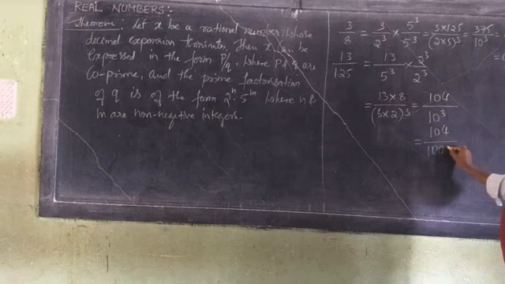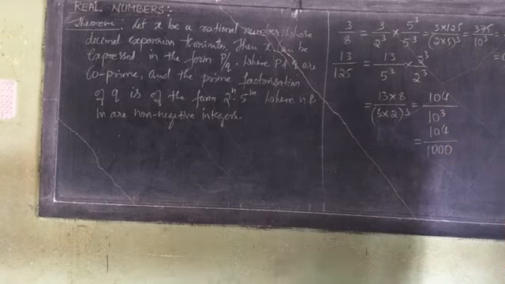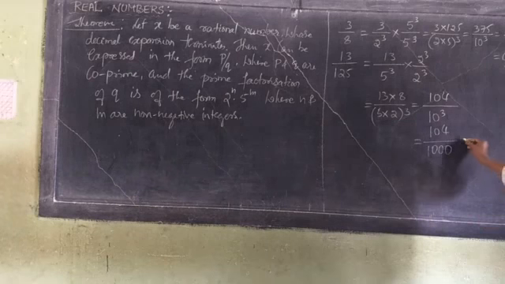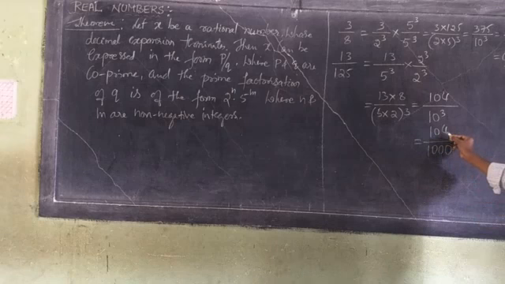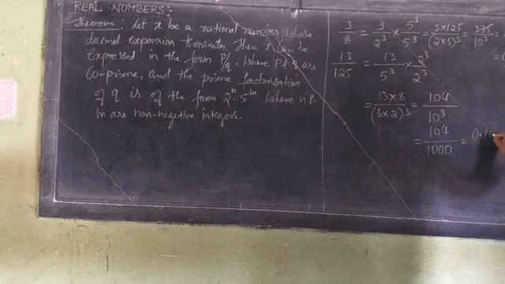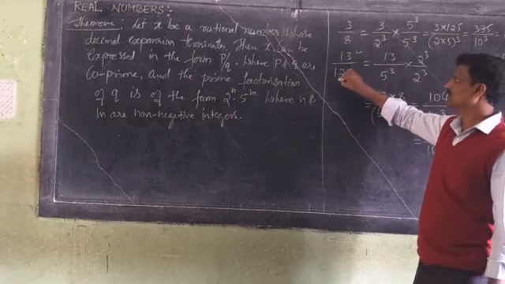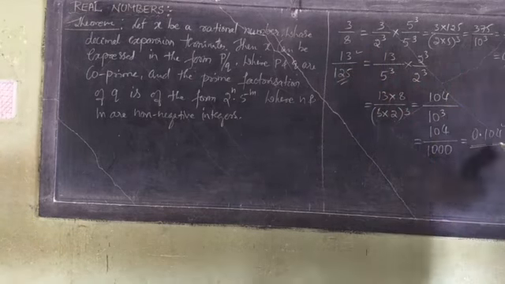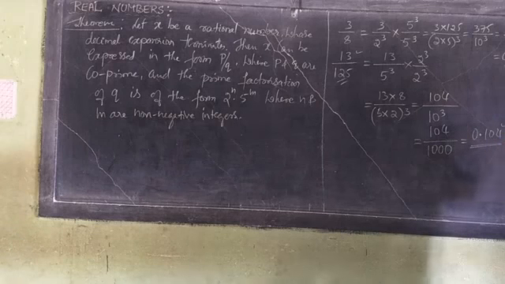That is 104 divided by 1 followed by 3 zeros, so after 3 digits we put a decimal point. That is 0.104. The decimal expansion of 13 by 125 is 0.104 without actual division.